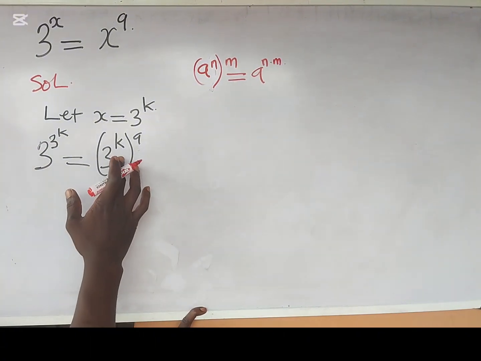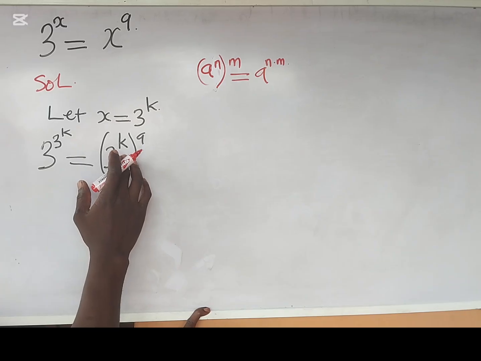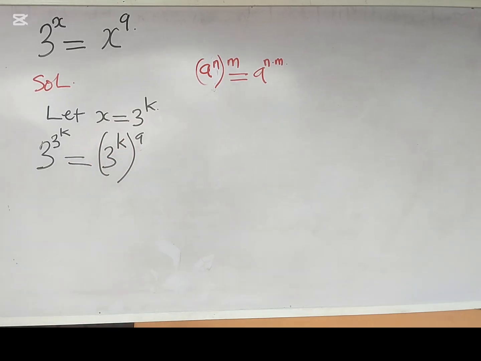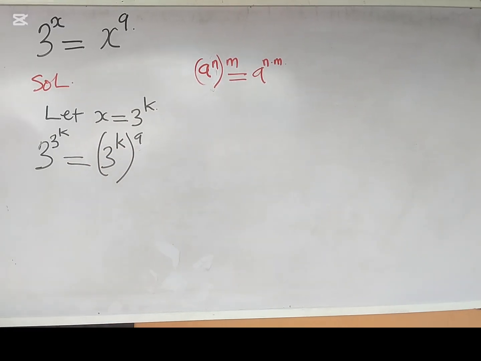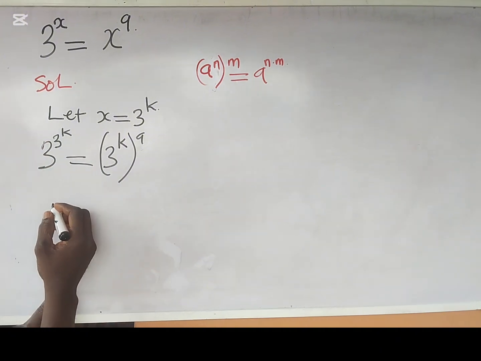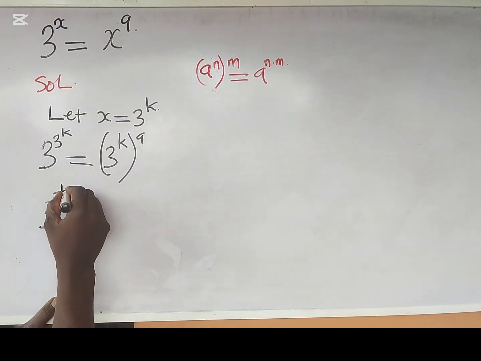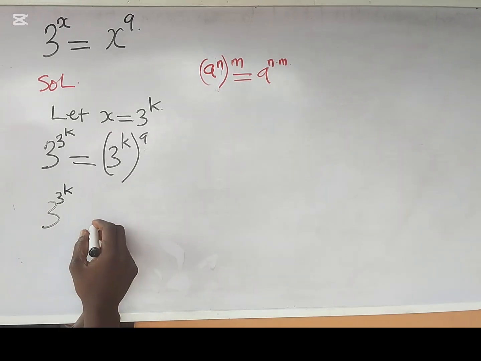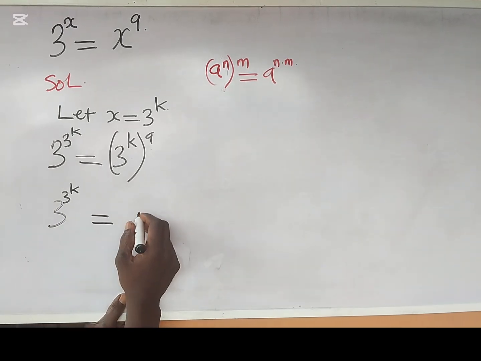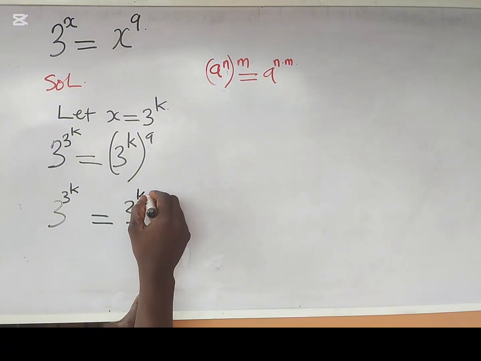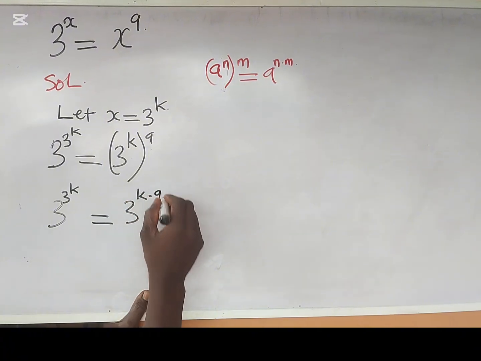So we're going to apply it specifically to the right-hand side of the equation. So this will become 3 raised to the power of 3 raised to the power of k is equal to 3 raised to the power of k times 9.